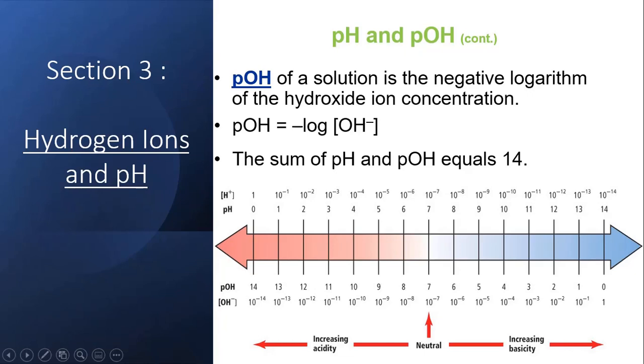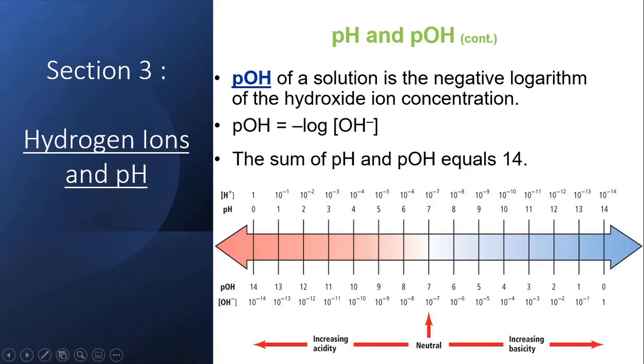Okay, so increasing acidity comes with the decrease of pH or increase of pOH. What about the increasing of basicity? It's the opposite. As pH increases, then the basicity increases. As pOH decreases, then you will have more basicity.